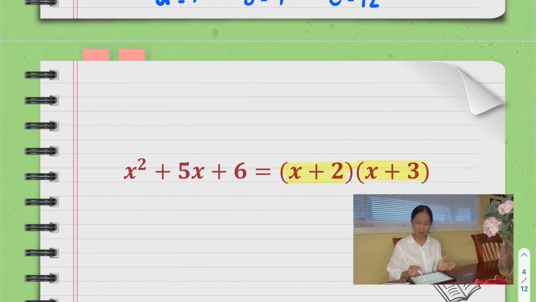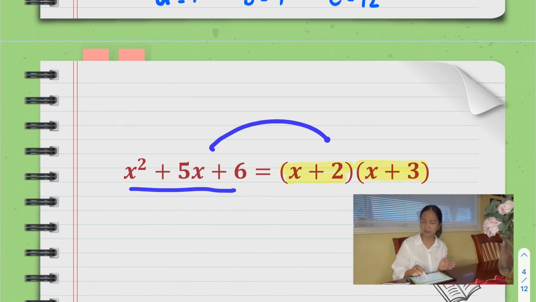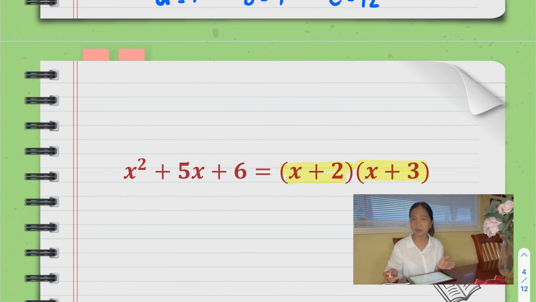Remember, if I multiply these two binomial factors, I am going to get this quadratic trinomial. If I factor this quadratic trinomial, my factors will be these two binomial factors. In essence, factoring quadratic trinomials and multiplying two binomials undo each other. These are opposite processes.